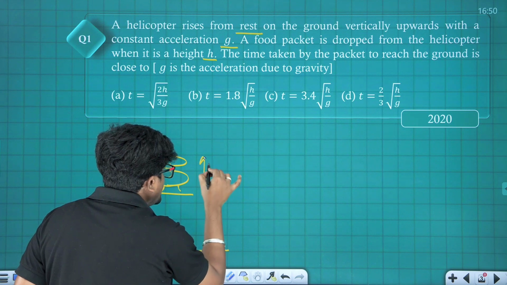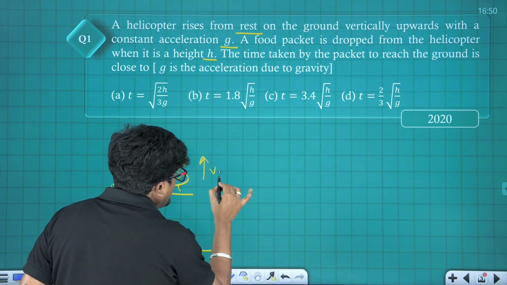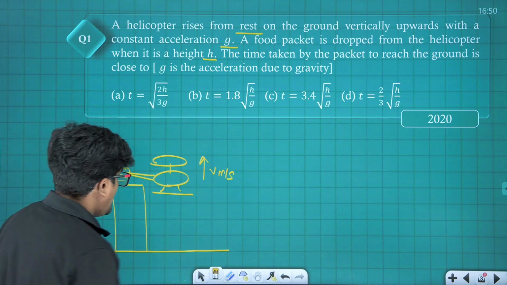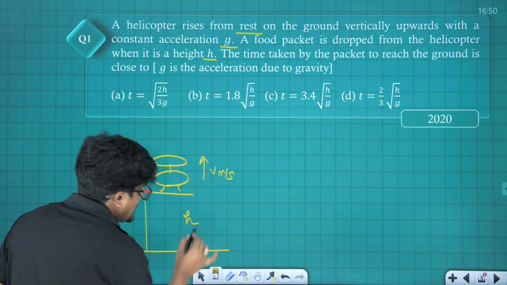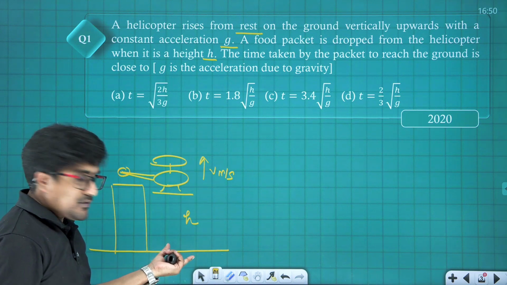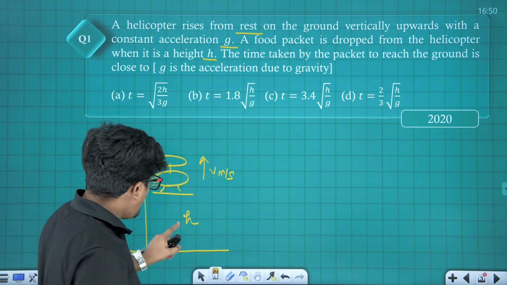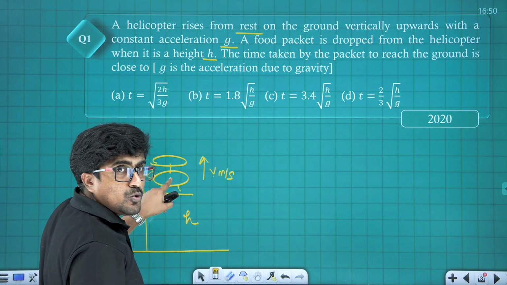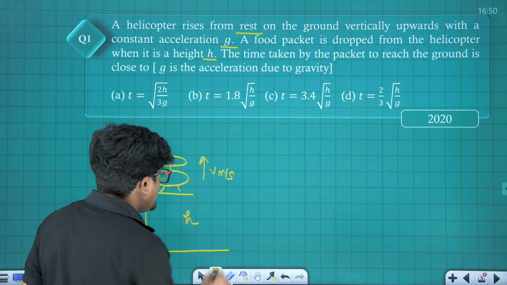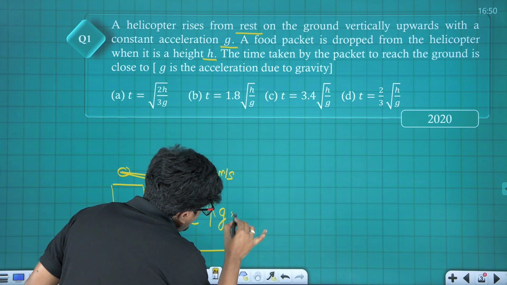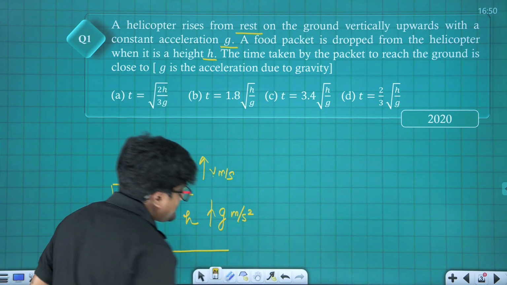So once it is here, definitely it will have a non-zero velocity v in the upward direction, and height is h. So the initial velocity of this helicopter was 0 and final velocity is v, and it went up to a height of h, displacement is h, and the acceleration throughout this motion was g meter per second square.